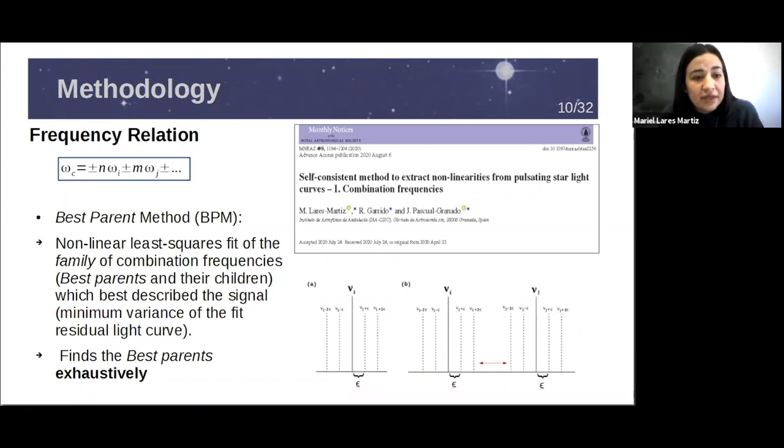We do this by searching for the best parents and the children originated by them, and fitting them in a nonlinear least squares fit. The search for this best parent is the novelty of the method, and it is done as I'm going to explain right now.